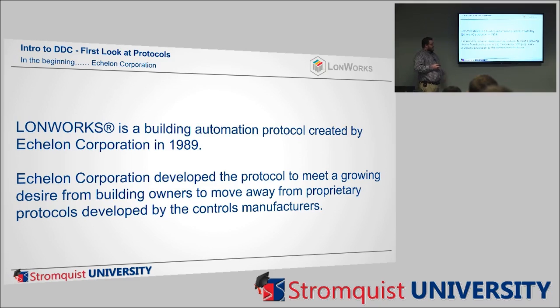Because all their protocols were inside this chip, it was real easy for manufacturers to say, I just need to buy one of these chips, put it in my controller, tie my points to this chip, and then everything talks. That's why LON was so big to begin with, because it was really easy for Honeywell, Johnson Controls, Trane, right out of the gate to say, yeah, we have an open system, because all these building owners were saying, we want open protocol systems. They had to figure something out.